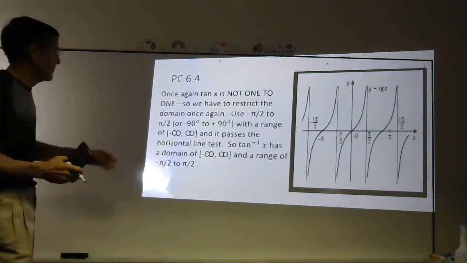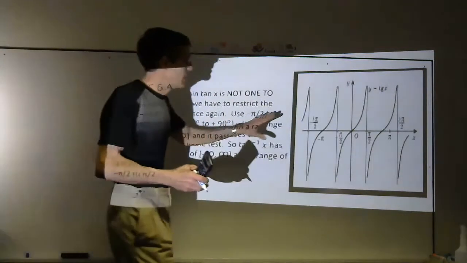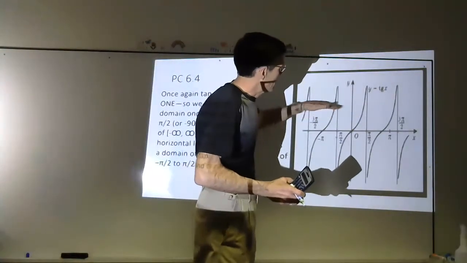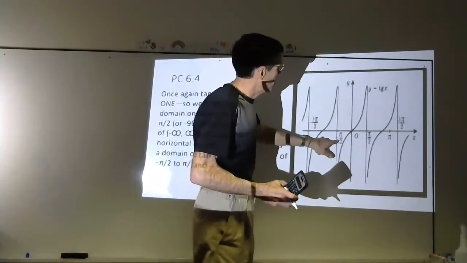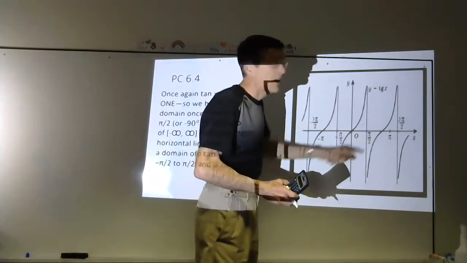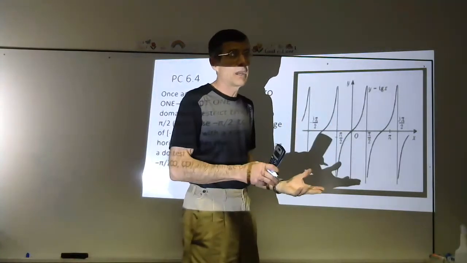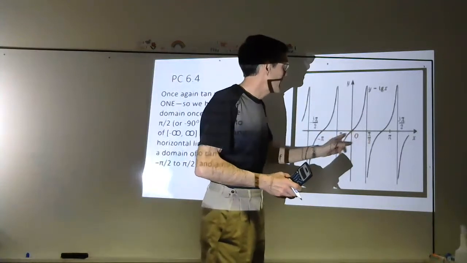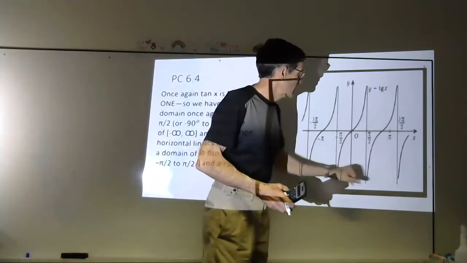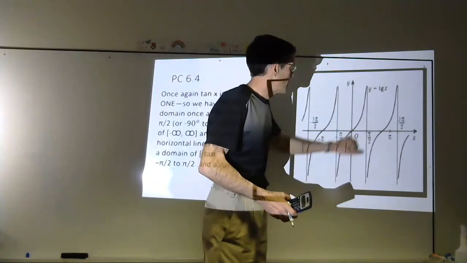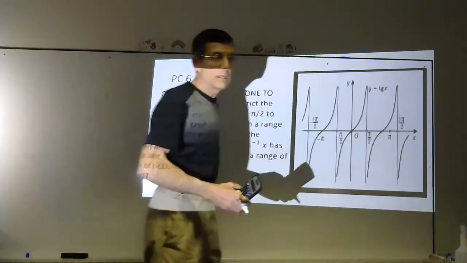All right. So to eliminate the fact that it fails the horizontal line test, we can go back to just like we did with sine. We went from negative pi over 2 to pi over 2. We can do that with tangent. Ignore the rest of these, and you will get the entire range of y values if you go from negative 90 to 90.